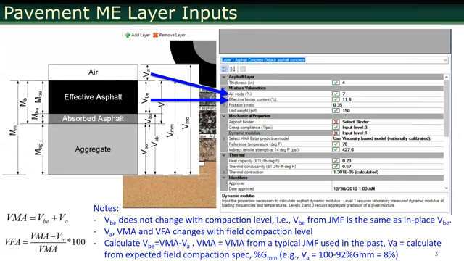So the job mix formula will have a VMA number and an air voids number, which is the 4% typically designed. So from VMA minus VA, you can calculate the VBE for your mix. Once you know that VBE, that mix is constant. In the field, if you want to compact to 7%, 8% air voids, that's what you enter, whatever compaction level you expect, and VBE is a constant number.